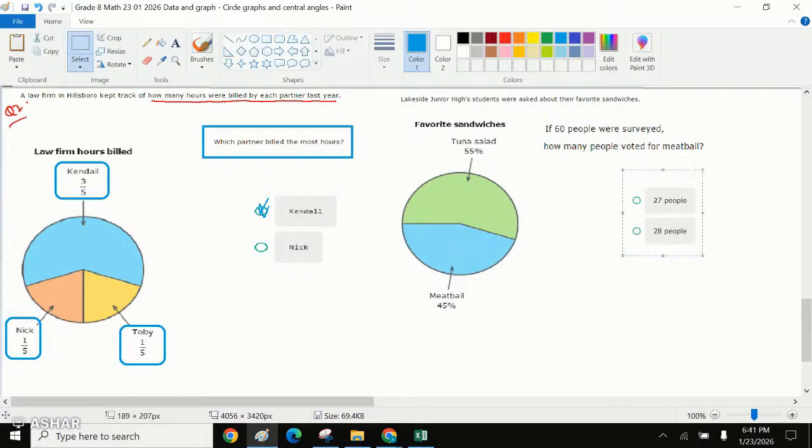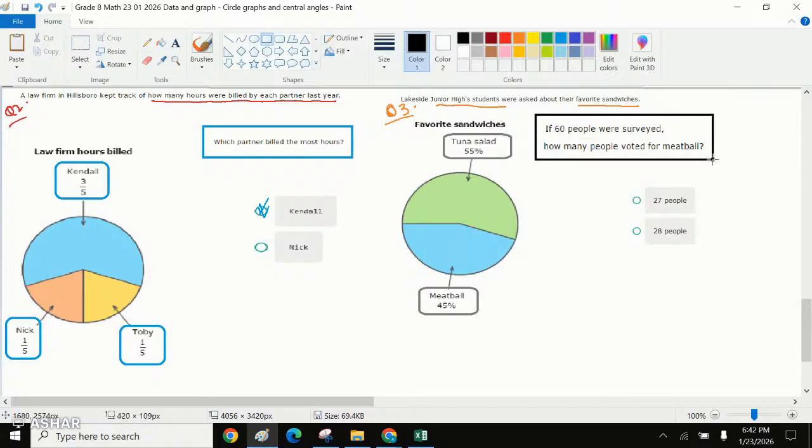Question number three states that Lakeside Junior High students were asked about their favorite sandwiches. Some of them said tuna salad and some of them said meatballs. I'm not giving you the value, okay? I'm not saying it out loud. If 60 people were surveyed, how many people voted for meatball? Can I have the answer?